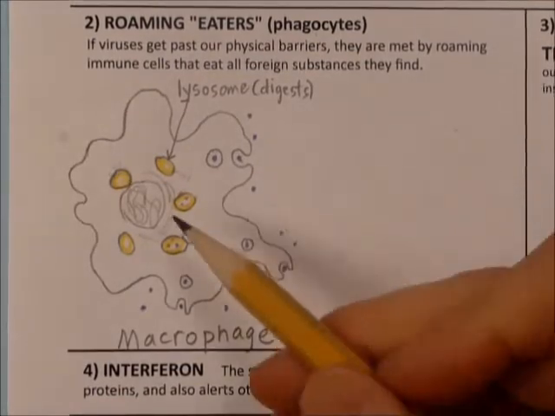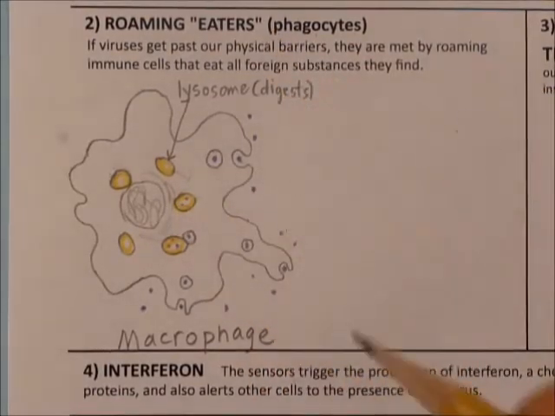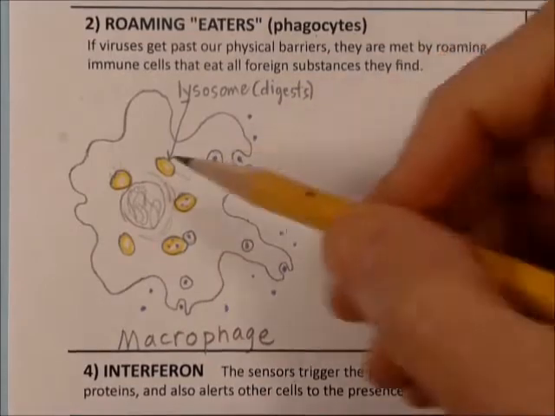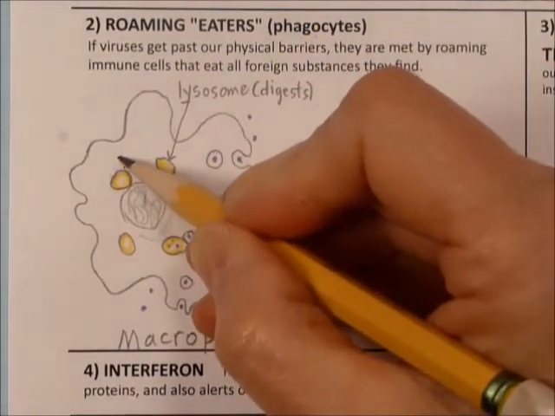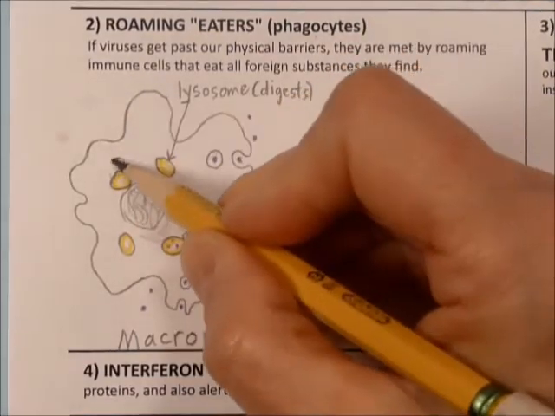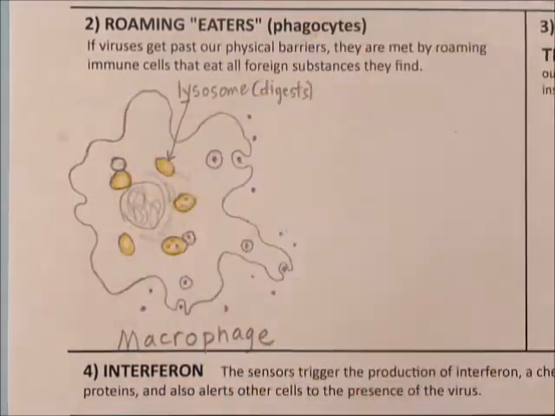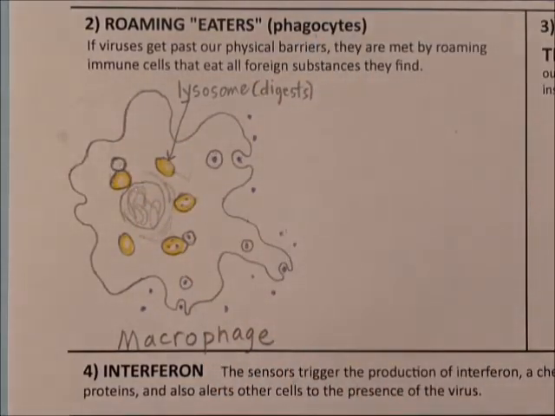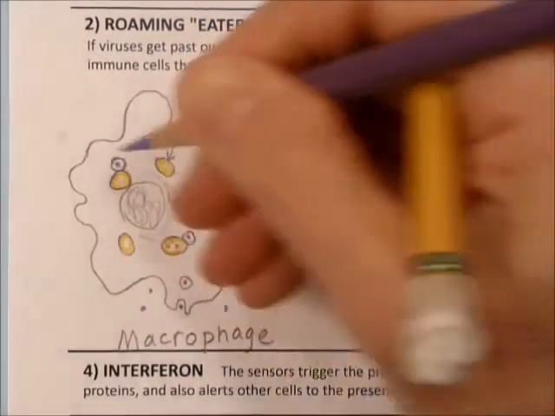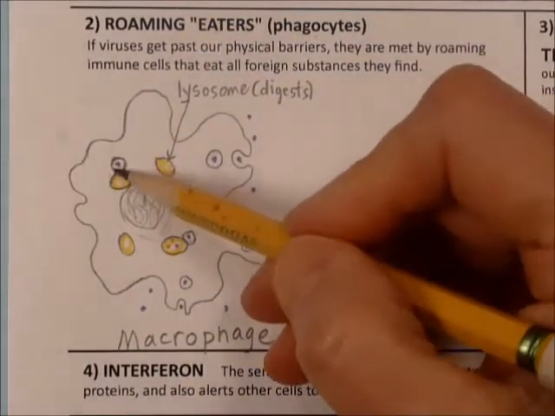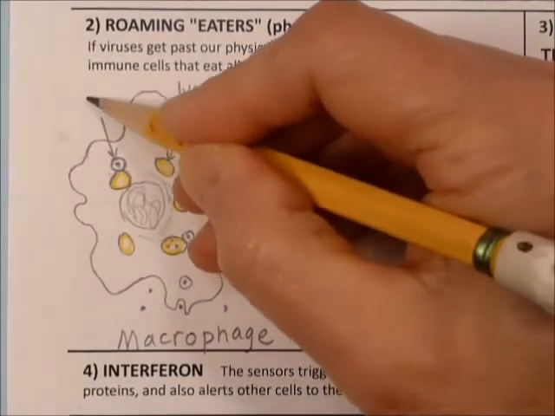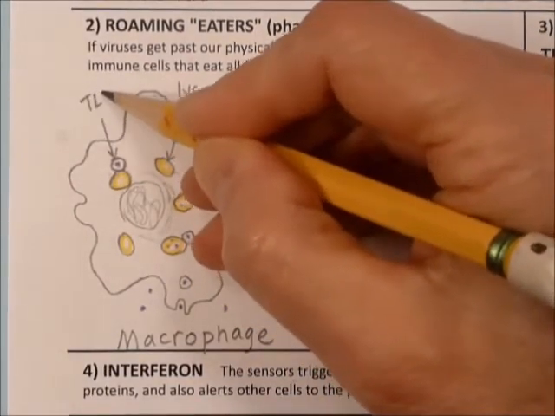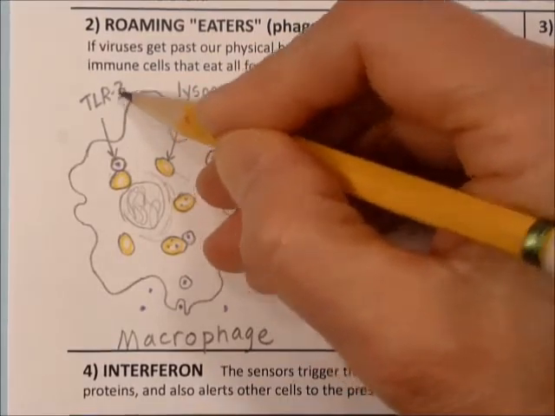Now, two more things to add here before we go on to our other cell. And first is find one of these endosomes to point to. I'm going to make another one over here because I have this space. These endosomes that are bringing things in, they happen to have embedded in the membrane, the wall around them, the TLR, toll-like receptor 3.